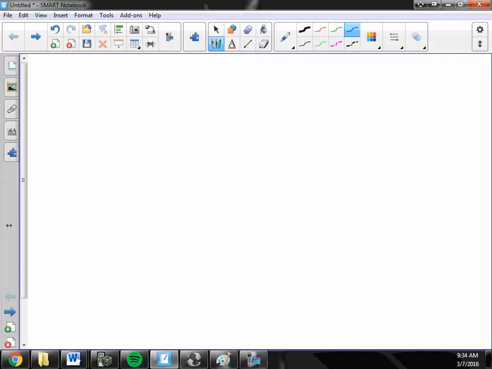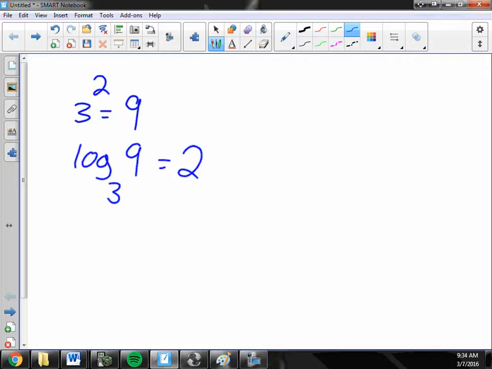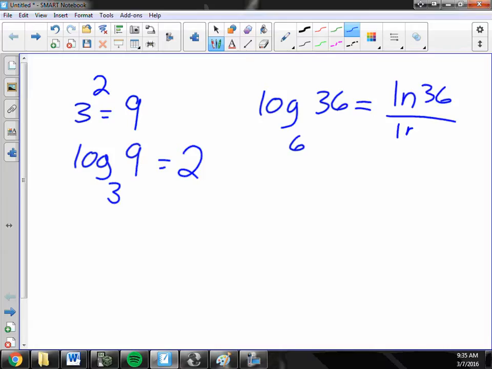So there are several properties of logarithms that we've already gone over. So 3 squared equals 9 can be turned into log base 3 of 9 equals 2. If you have log base 6 of 36, you can convert that into a button that your calculator actually has using the change of base formula, ln 36 over the ln of 6.